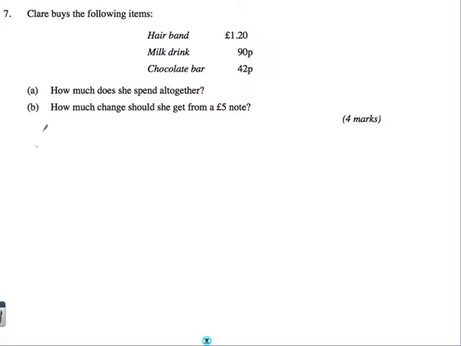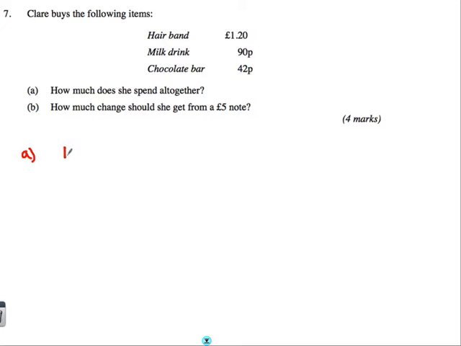Okay, question 7. Claire buys the following items: a hairband for £1.20, milk drinks for 90p, chocolate bar for 42p. How much does she spend altogether? Well, we need to add all these up if we want to work out how much she spends altogether.